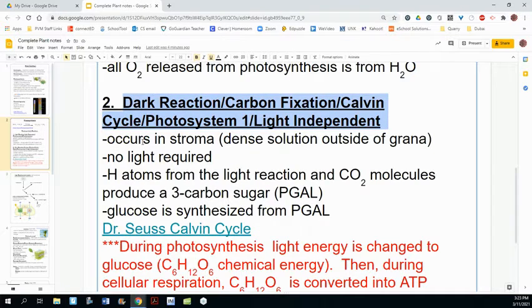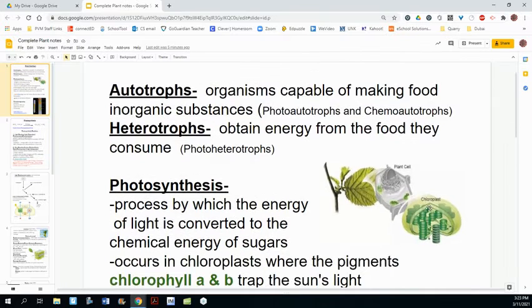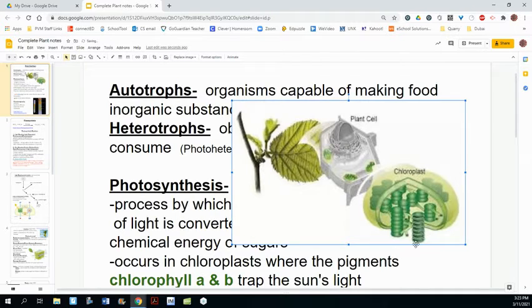So let's talk about the dark reaction then. This occurs in the stroma. Now, this is outside of the stacks of green membranes that are found in the chloroplasts, but it's still inside of the chloroplast. I'll go back to this first page just to show you more clearly that relationship.